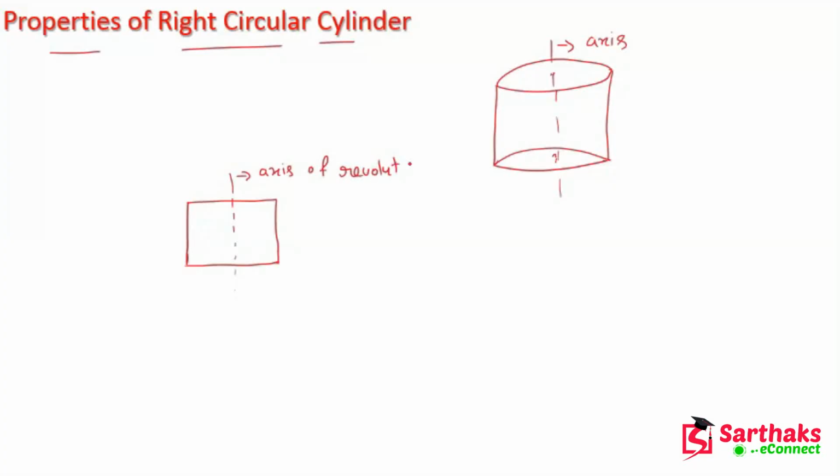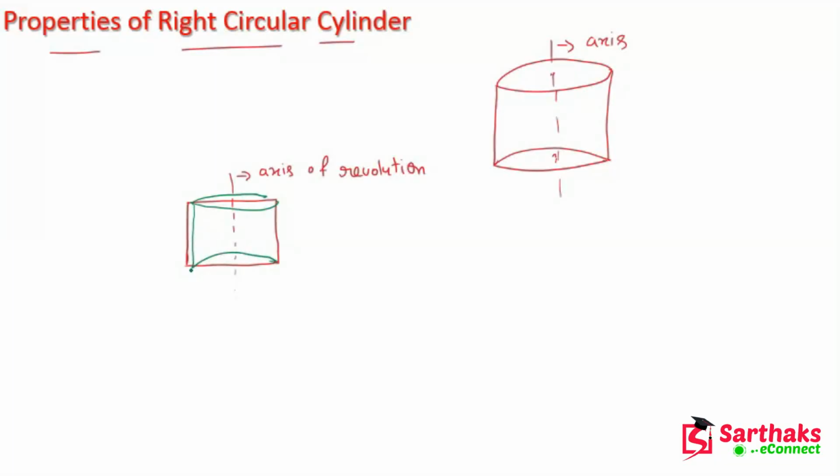Now if we rotate this rectangle about the axis of revolution, then a right circular cylinder is formed, like this.